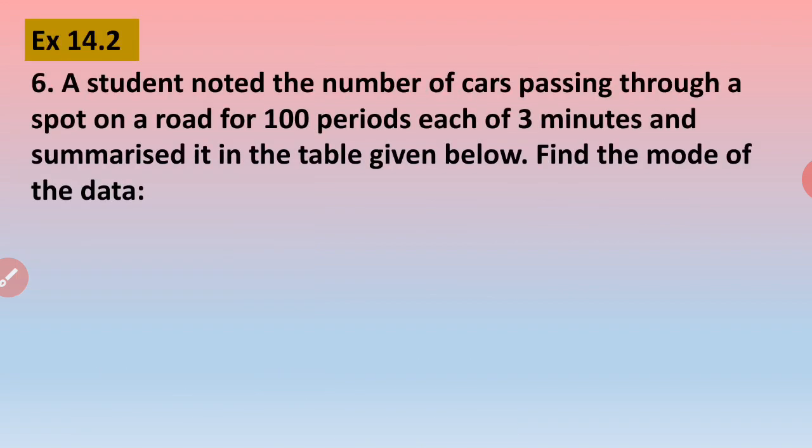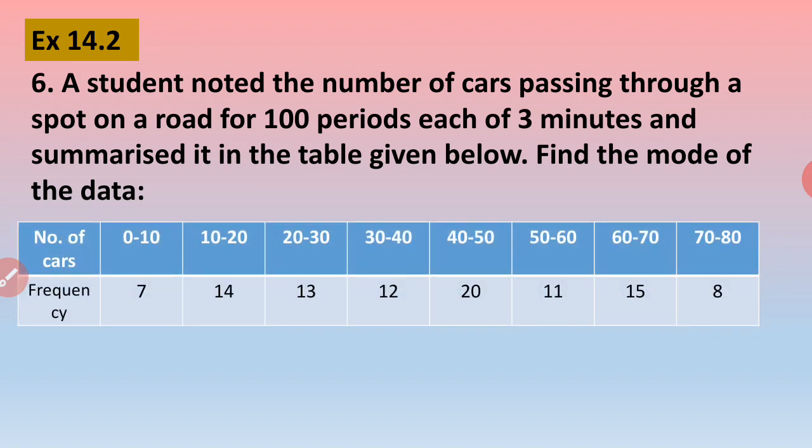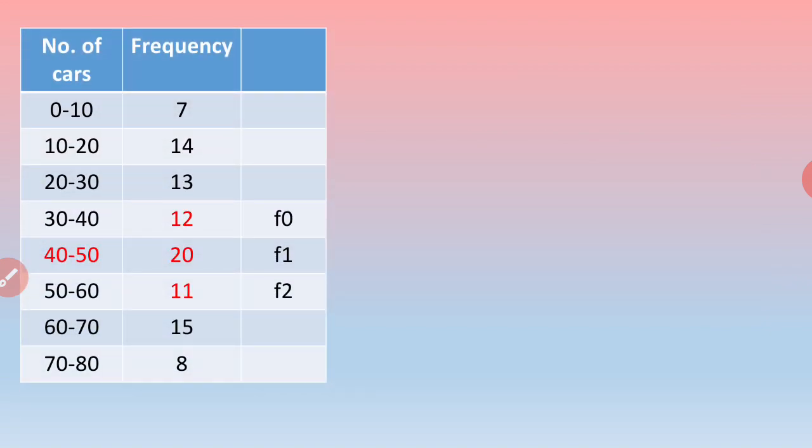Next, one more example. Here a student noted the number of cars passing through a spot on a road for 100 periods, each of 3 minutes, and summarized it in the table given below. Find the mode of the data. So with this, we'll note down all the data column wise and we'll look out for the highest frequency.